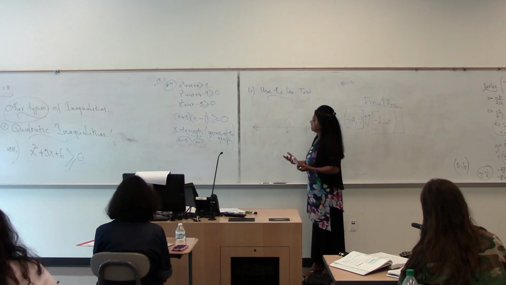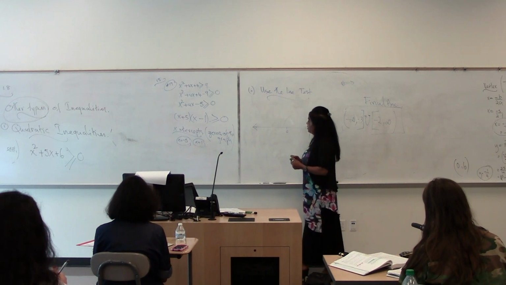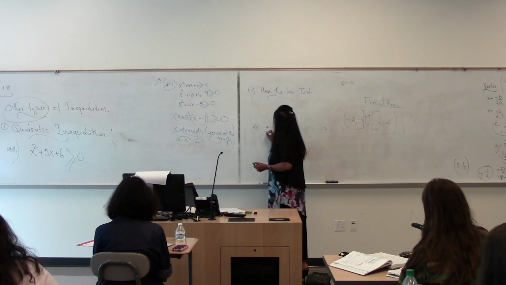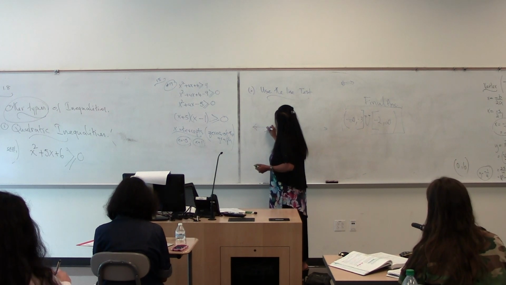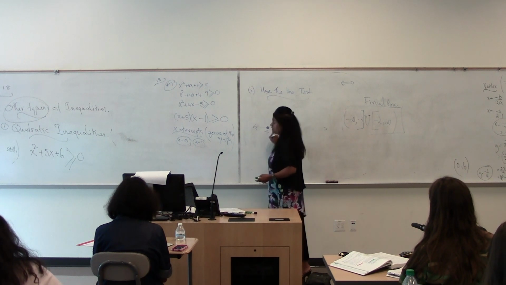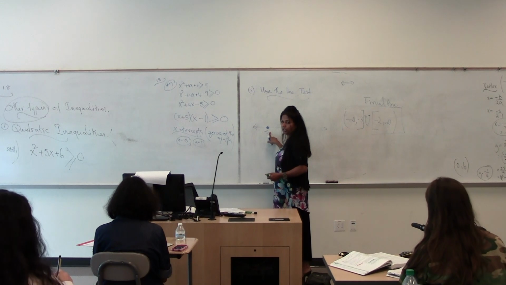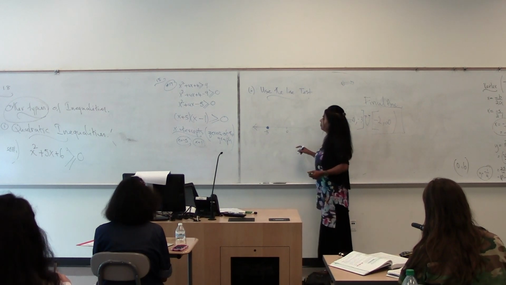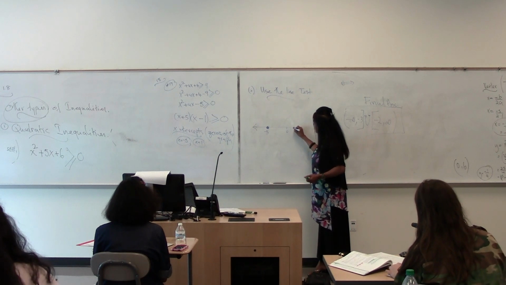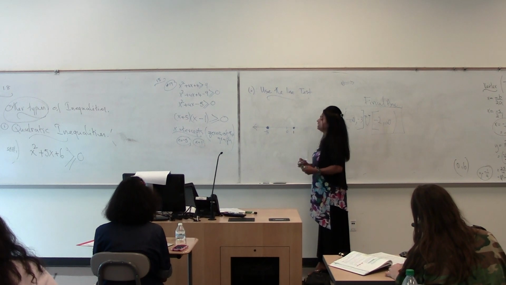Then mark the x-intercepts. What are the x-intercepts? -5. So it's somewhere here, -5. Is -5 included in this problem? Yes. If it's not included, this is an open circle. Now it's a closed circle. What's the other x-intercept? +1, it's here. Is +1 included? Yes. So these are the x-intercepts.